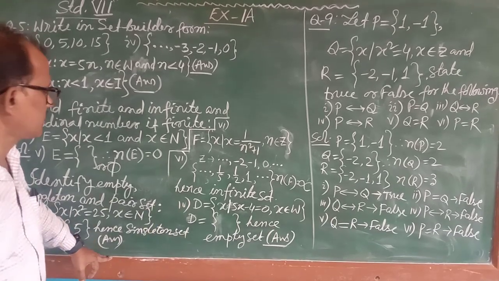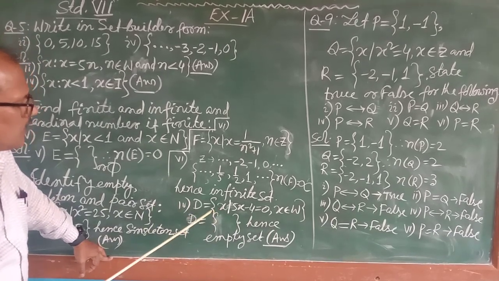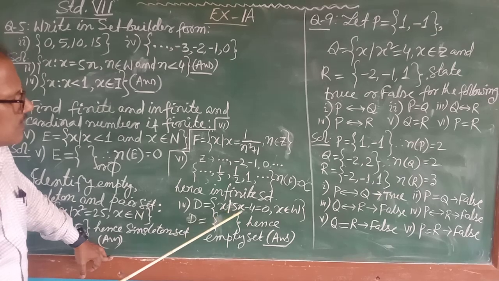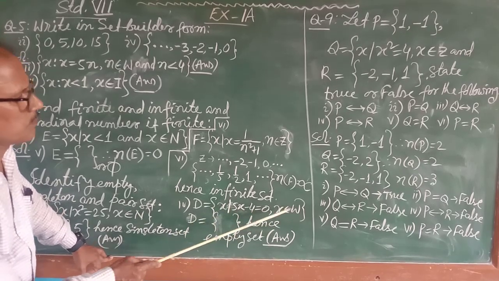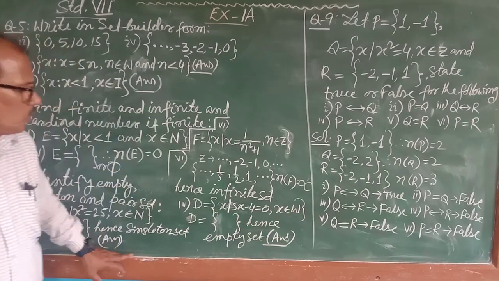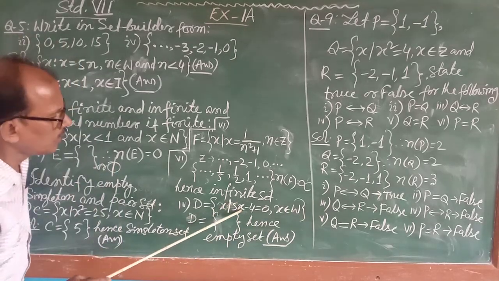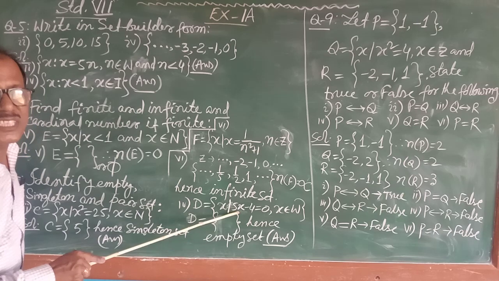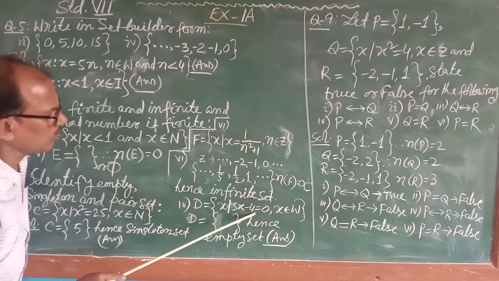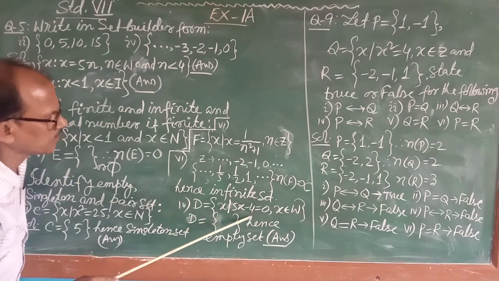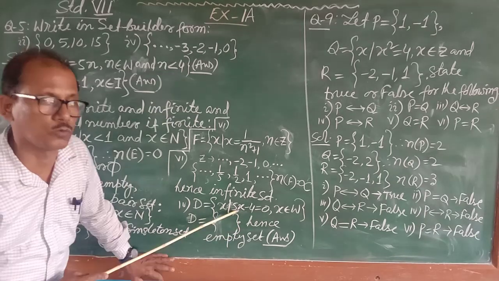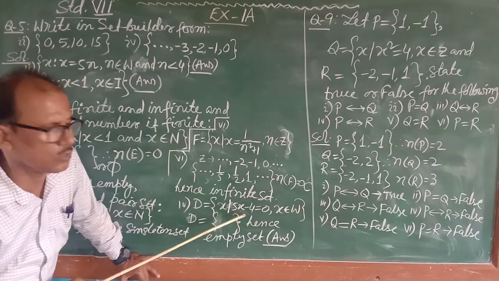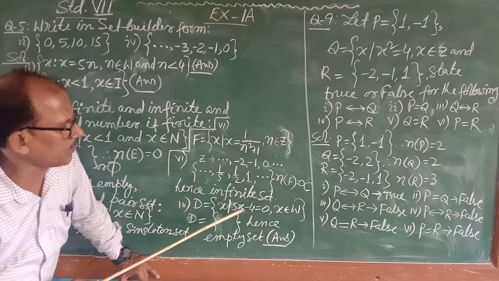Now, under this question number 7, I have taken D. The question is x such that 5x minus 4 is equal to 0 and x belongs to whole numbers. You put the whole number value as x and try to solve this particular equation, 5x minus 4. None of the whole number values will satisfy this equation, because the first whole number is 0. 0 into 5 is 0, minus 4.